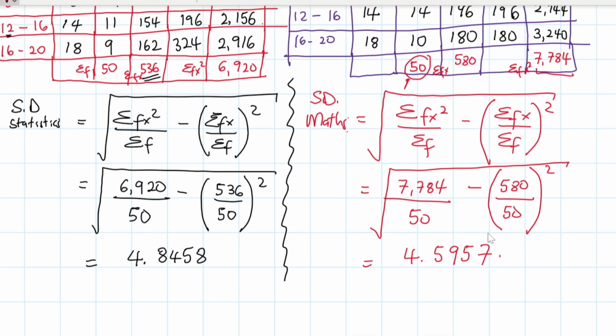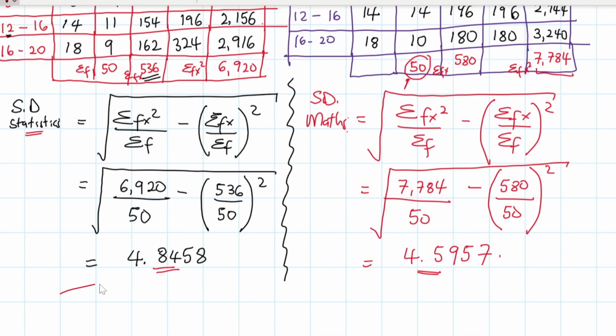So after ending up with that, let's get back to the question. We have found the standard deviations of the two. So which one has a better spread? You will find that the standard deviation for statistics is 4.8. The one for math is 4.5.